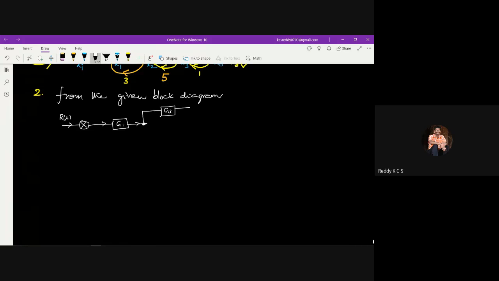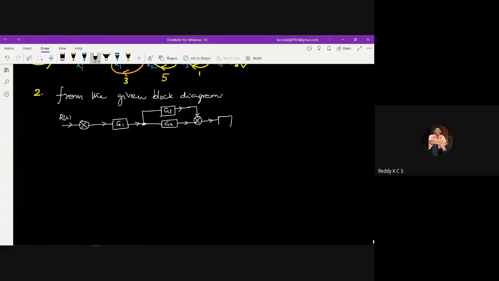Then one more, I'll represent a simple G2, and then one summing point which is entering at this point. So here there is no need to apply the block diagram reduction rules.